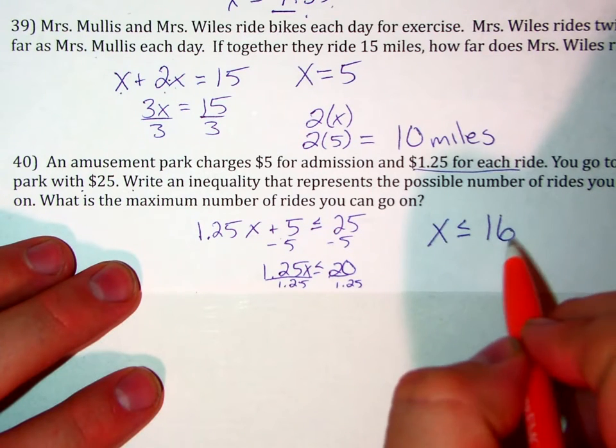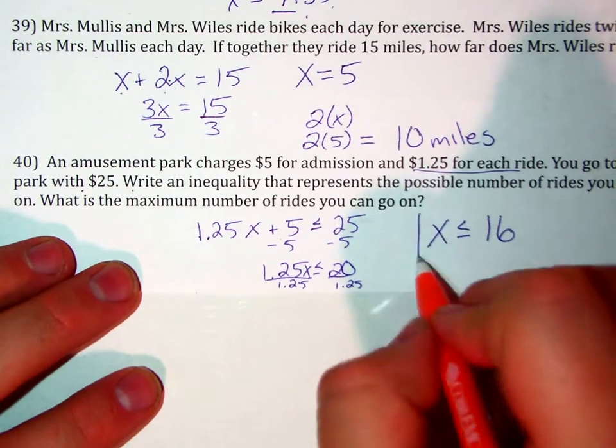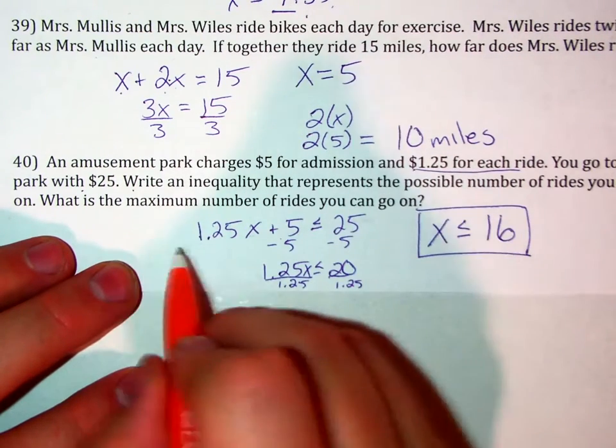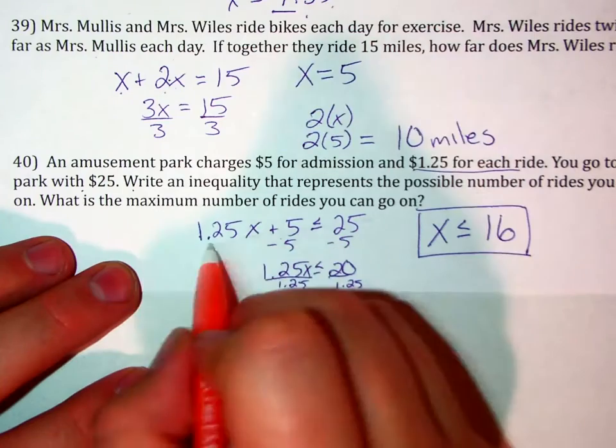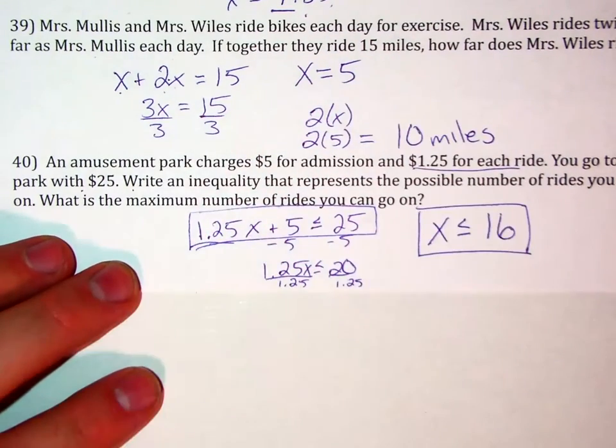So 16 would represent the maximum number of rides that I could go on. And our inequality that represents this maximum number of rides is what we started out with and already solved.